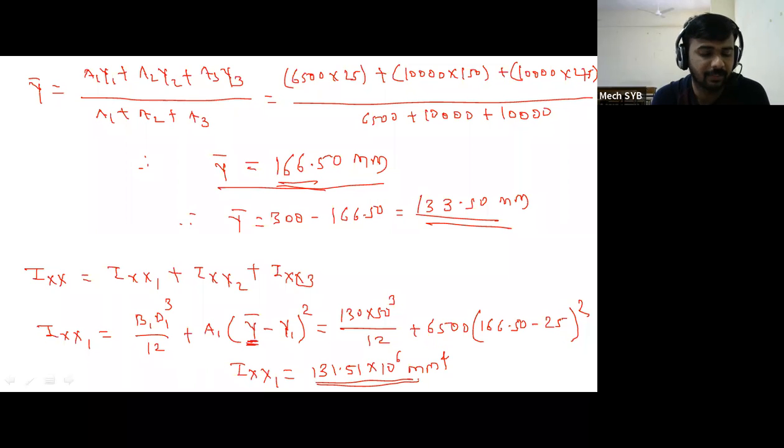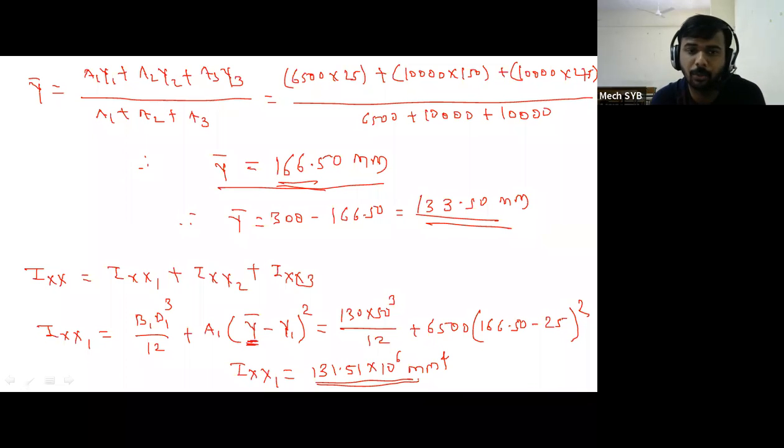The first Ixx1 value 133.49, no problem, it is also accepted, but you have to multiply by 10 raised to 6. 133.49 into 10 raised to 6, that is also correct. 131.51 into 10 raised to 6, that is also correct. Or sometimes you will get 131.50 into 10 raised to 6, that is also correct. So that little bit variation it will be accepted, but it should be near about 131. So do your calculation and send me the answers in the chat box.